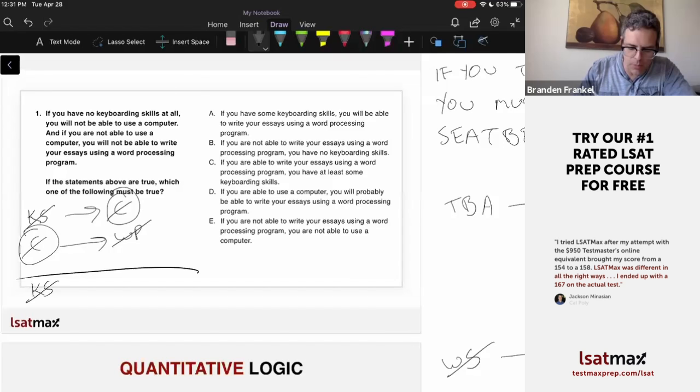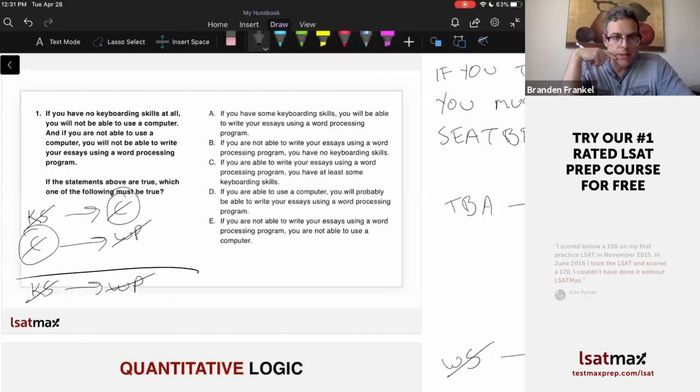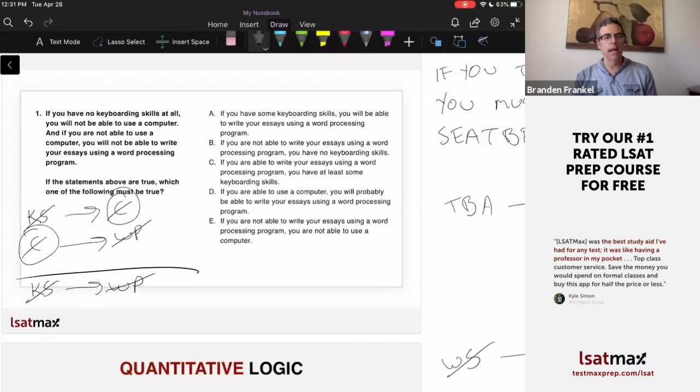If you don't have keyboarding skills, then you cannot use a word processor. The right answer choice could look like this, or it could look like the contrapositive of this statement. Since these terms are already negated, when you are performing that negating part of reversing and negating to take the contrapositive, you would remove the slashes.